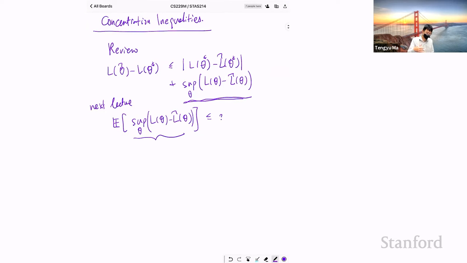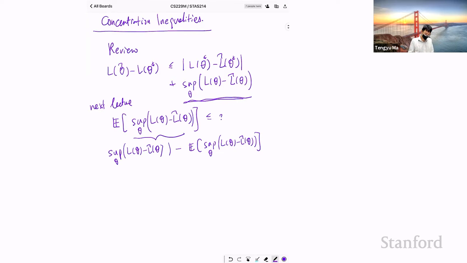So here is the plan. Next lecture we're going to do this, and then we're also going to deal with the difference between this and this expectation. That's the plan for the next lecture.